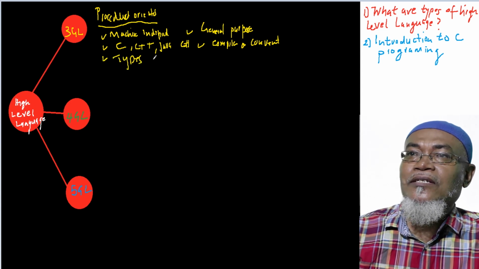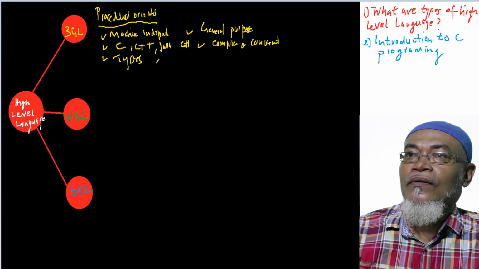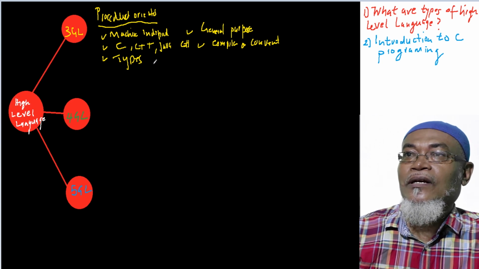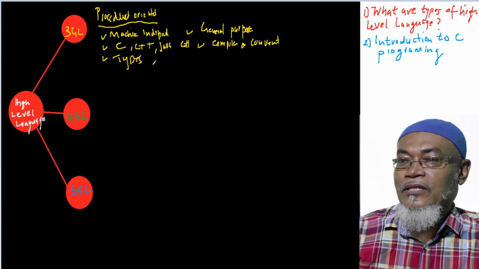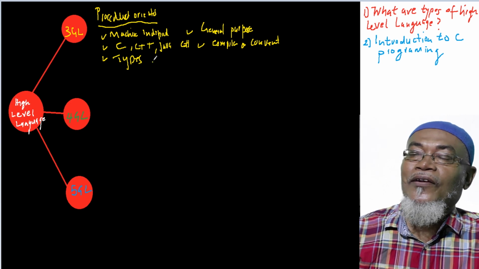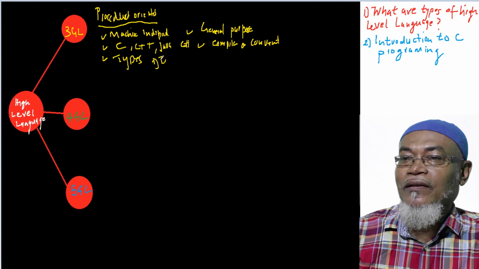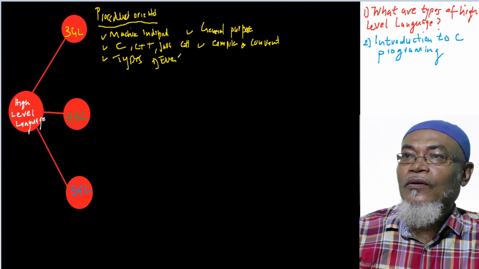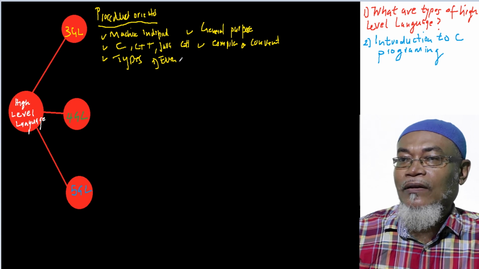Now, let's go further and see what the types of 3G programming languages are. There are around 4 types, and there are different classifications. For me, I'll just discuss the 4 types. The first type is event-driven programming.